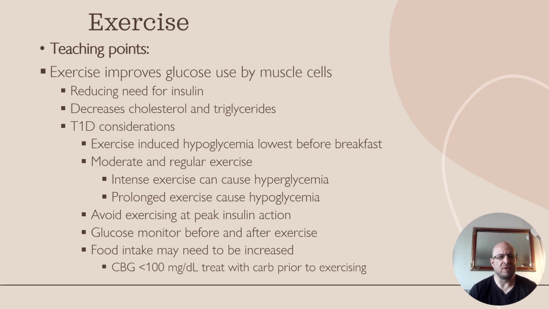Exercise-induced hypoglycemia lowest before breakfast. Moderate and regular exercise. Intense exercise can cause hyperglycemia. Prolonged exercise causes hypoglycemia. So for type 1 diabetics, you have to find a good balance.